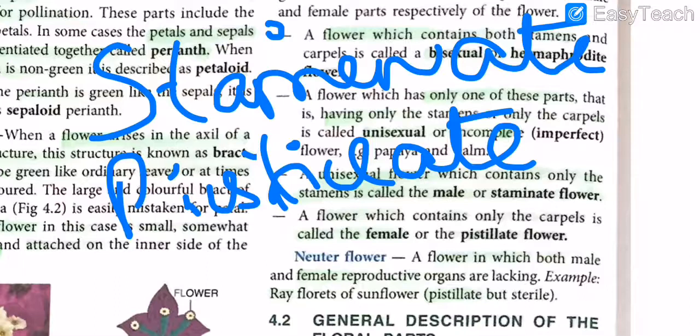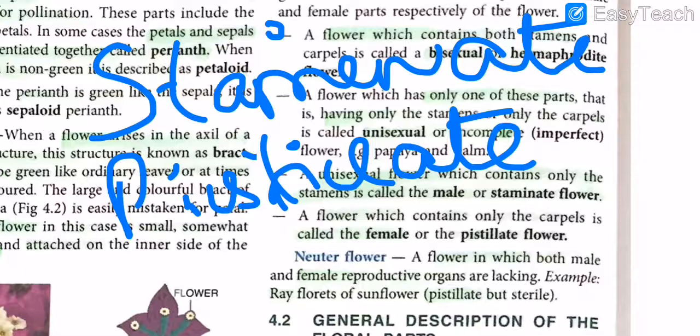Then after bracts, nectaries, and all those, we have a neuter flower. So a flower in which both male and female reproductive organs are lacking. Example, ray florets of sunflower, pistillate but sterile. Okay, they're called neuter flowers. So in some flowers, both male and female gametes are present.